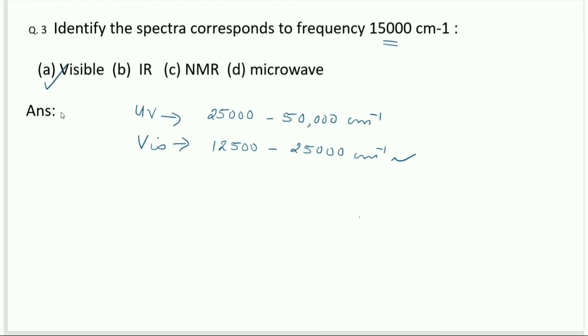And for IR, there are three different regions: near, mid and far IR. The first one is 14,000 to 4,000, which is near IR.